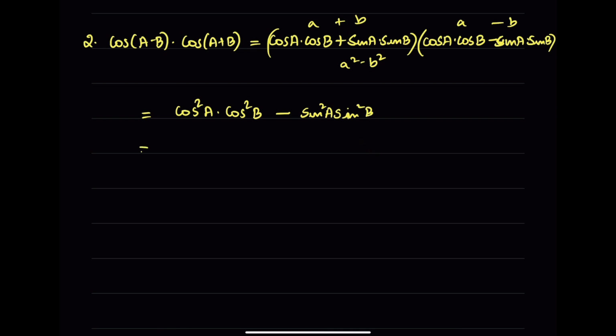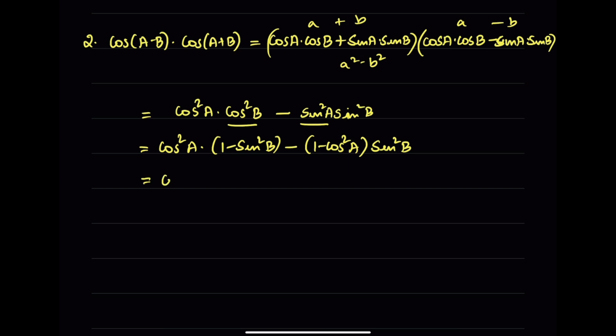Now let us change cos² b and sin² a by applying trigonometric identities. So cos² a times (1 − sin² b), since cos² b is 1 − sin² b, minus (1 − cos² a) times sin² b. So let's multiply this.